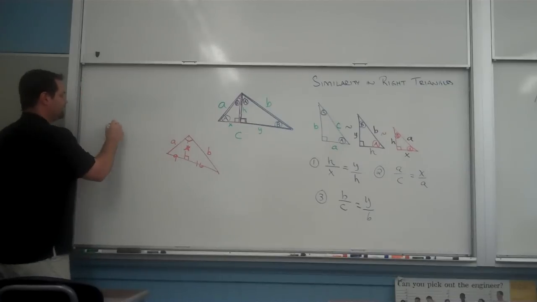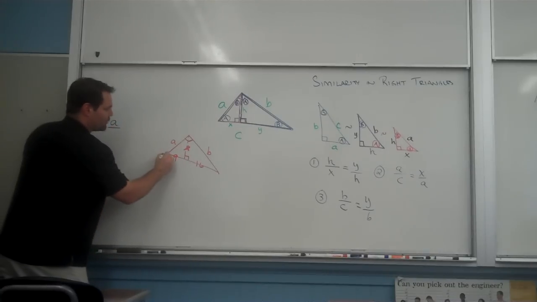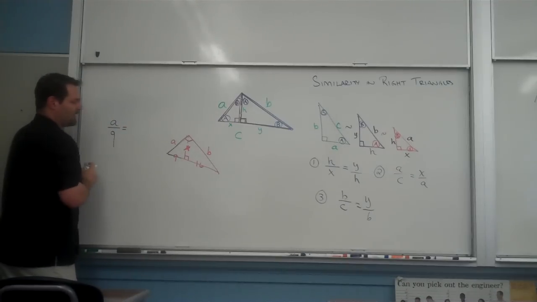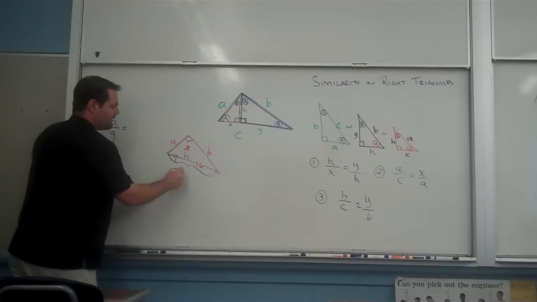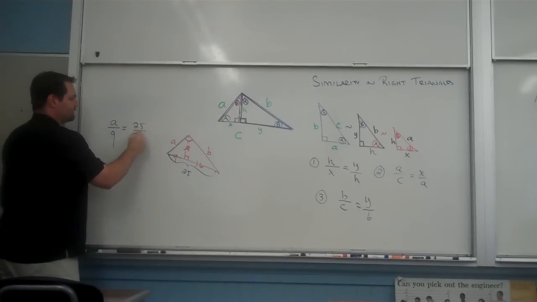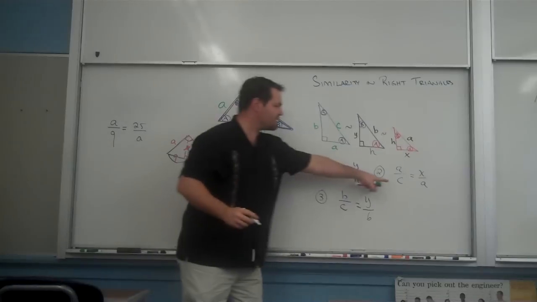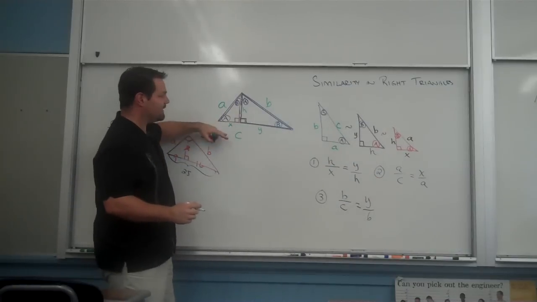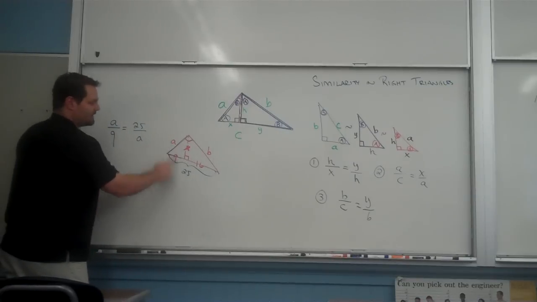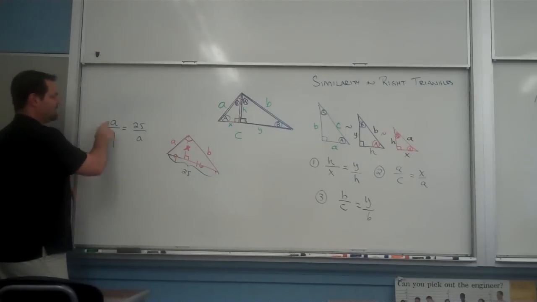This side, A, is to the leg closest to it as this whole side is to A. It comes from this relationship here. A is to the whole side as this little part is to A.